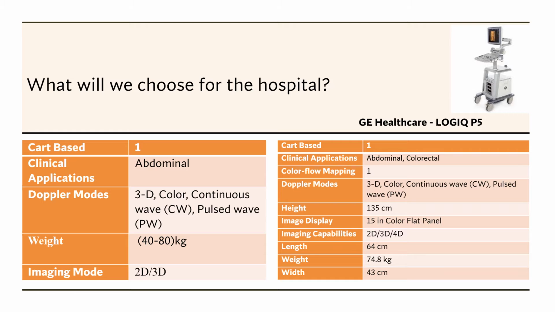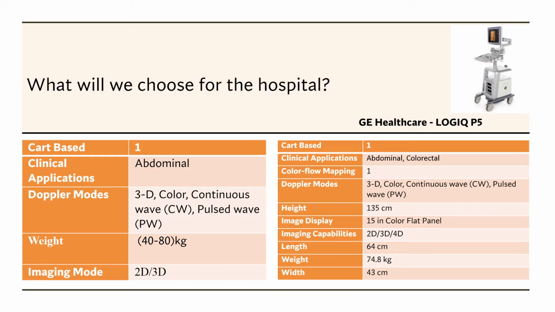For example, imaging mode, we need 2D, 3D. It has imaging 2D, 3D, and 4D. Another example, clinical application, we need abdominal. It has abdominal and colorectal. Now we finish ultrasound.